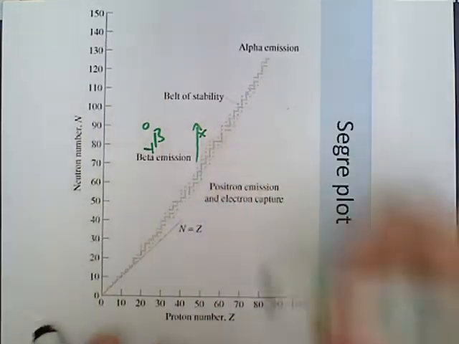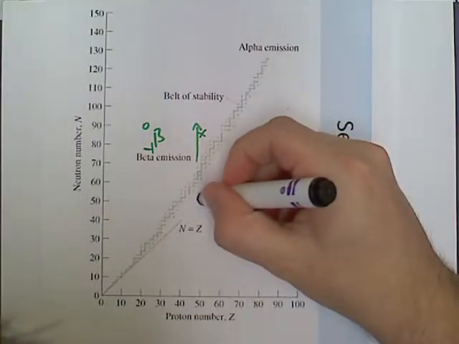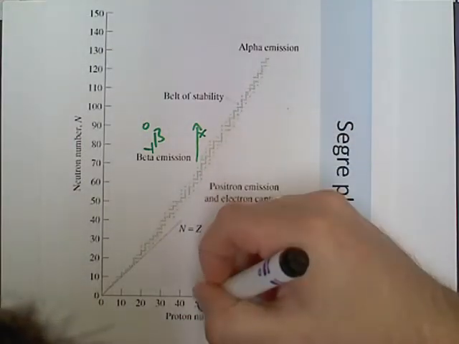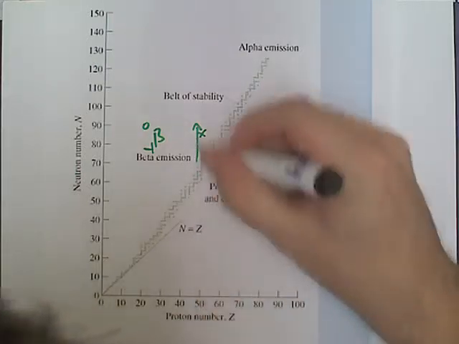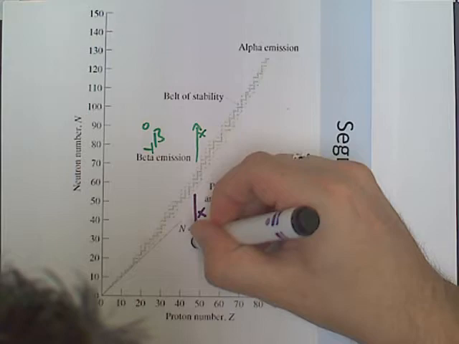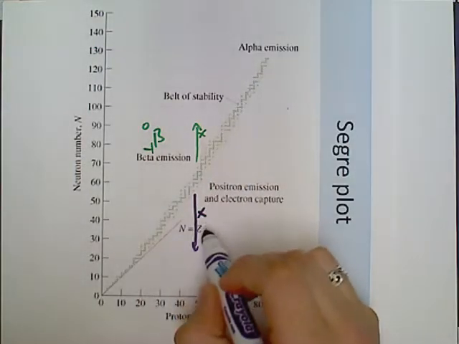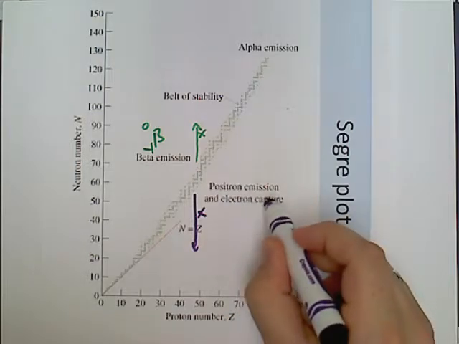Whereas something that is neutron deficient has the same number of protons, so it's still the same atom as before, but has too few neutrons. Well, then effectively, you're going to have positron emission.